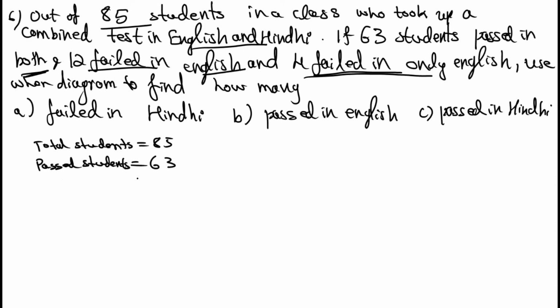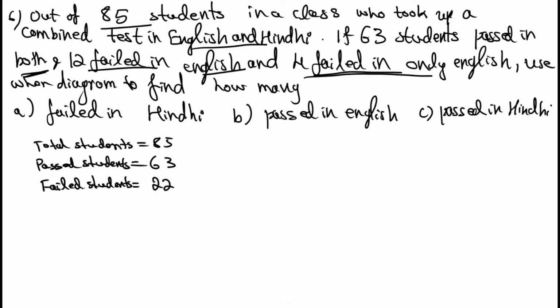Then you can calculate failed students, right? Number of failed students equal to 85 minus 63. It's equal to 22. 22 students failed.